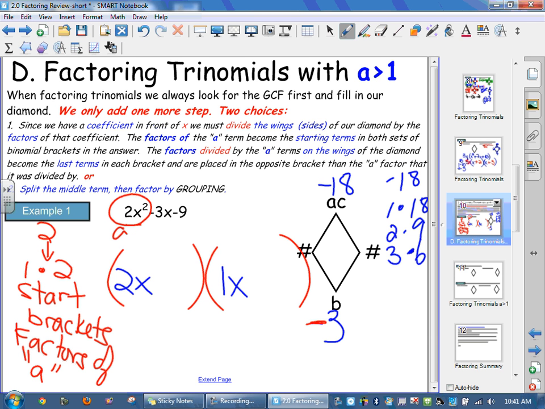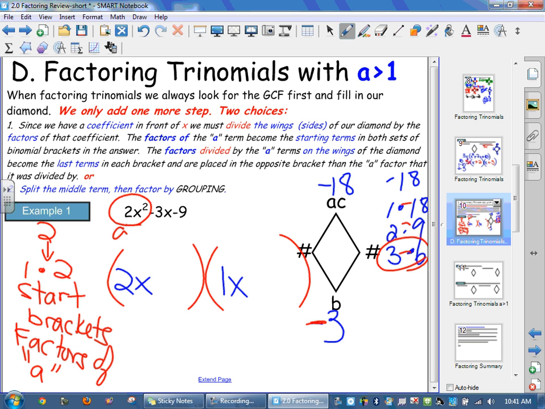And when you look at those combinations, which ones add up to negative 3? 3 and negative 6. So now I know the numbers on my diamond are going to be a 3 and a negative 6.